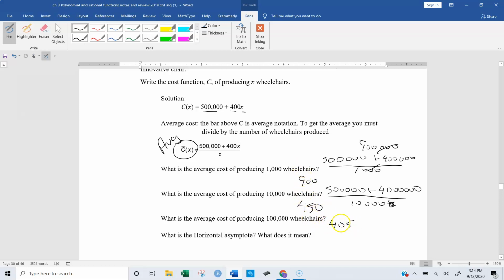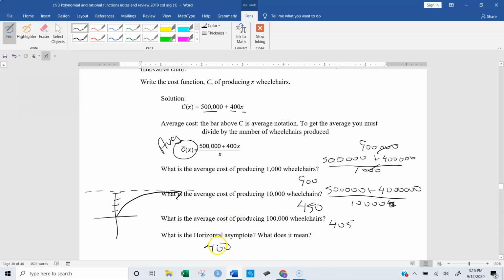What is this doing? The more you get, the closer it gets to 400. So your horizontal asymptote is 400. So if you had a graph, $400 is your asymptote. You start down here, and then as you get this way, it approaches this $400 mark. It will never get lower than that.